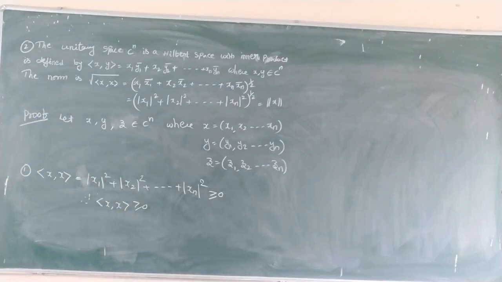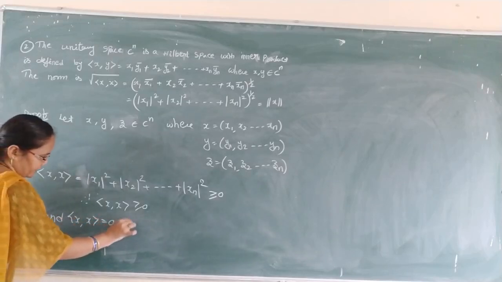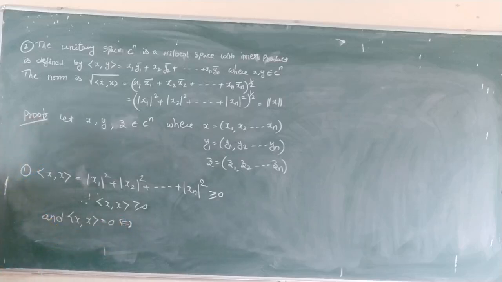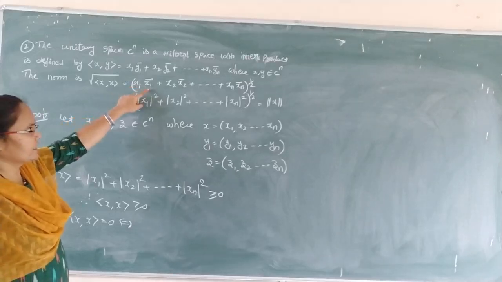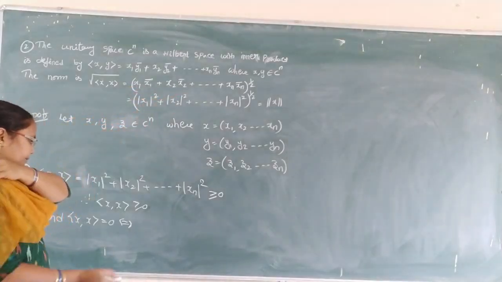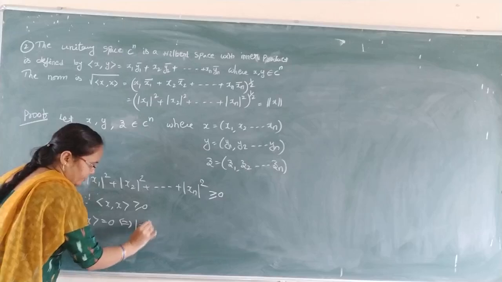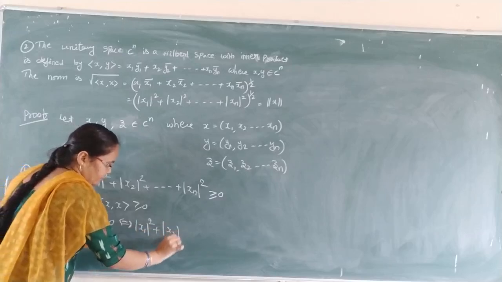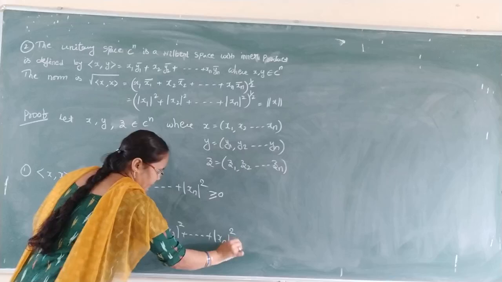And the inner product of x comma x is equal to 0 if and only if x is zero; here we have to show this. Directly, in the inner product of x comma x the square is cancelled on both sides, so what is left out is x1 square plus x2 square plus so on plus xn square is equal to 0.